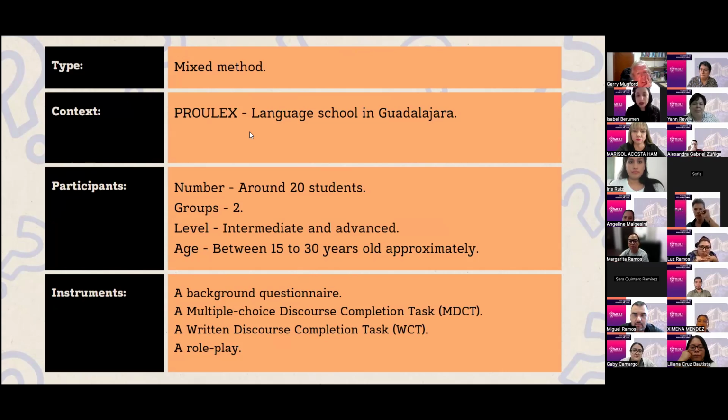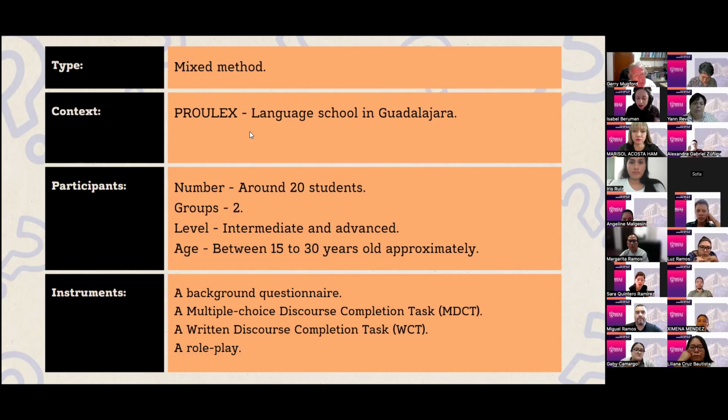I know about that, but right now my idea is more or less around 20 students, 2 groups, 1 intermediate group, 1 advanced group. It's an adults course, but their ages usually are between 15 and 30. I have a lot of high school and university students, but there are also workers, so sometimes they are older.